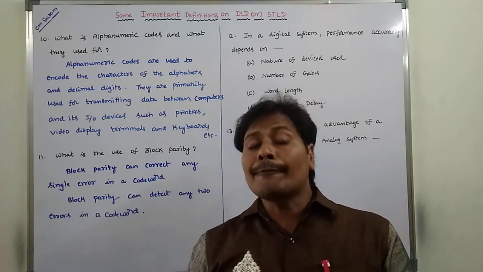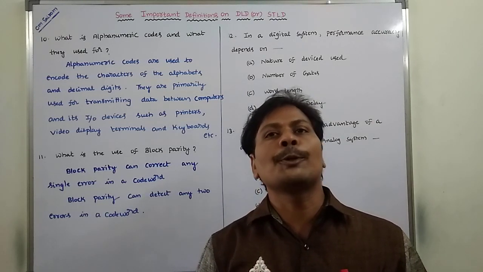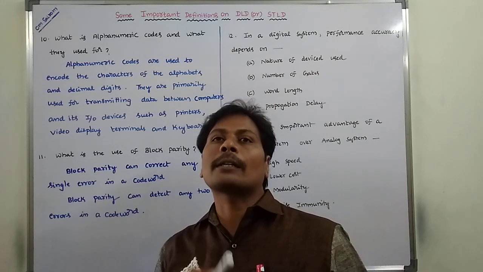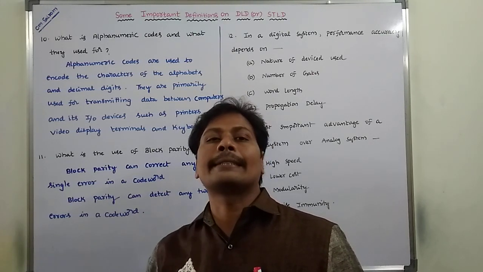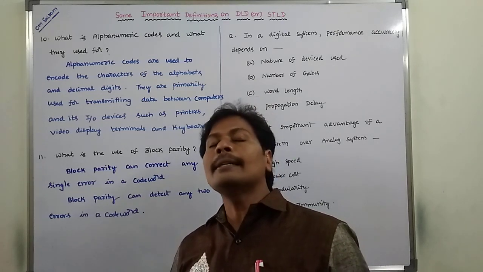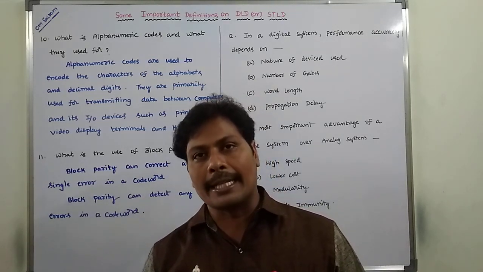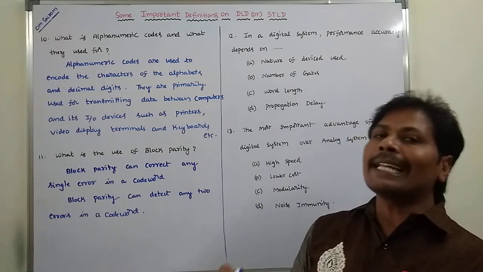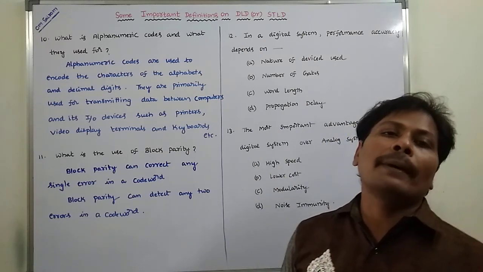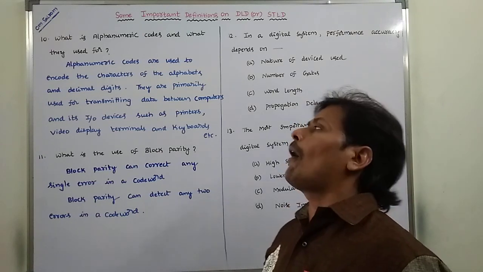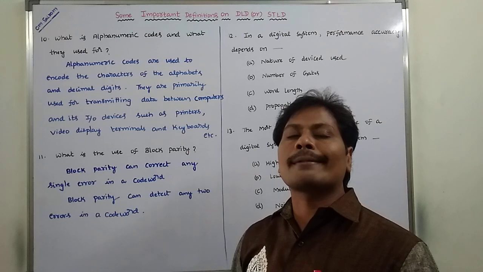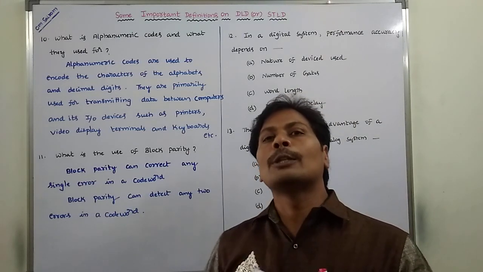Next one, alphanumeric codes are used for transmitting the data between the computers and its terminals, such as keyboards, printers, and video display terminals. Okay, to transmit the data between the computer and its peripherals, we have to use alphanumeric codes. Next, alphanumeric codes are classified into two.